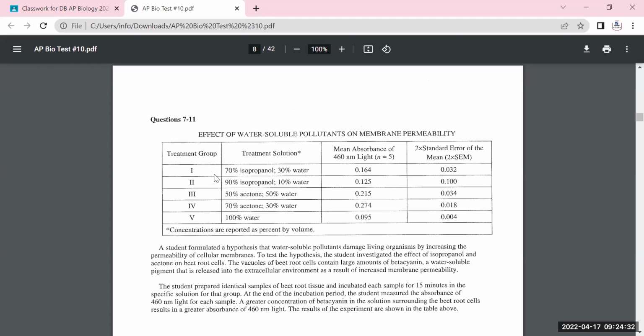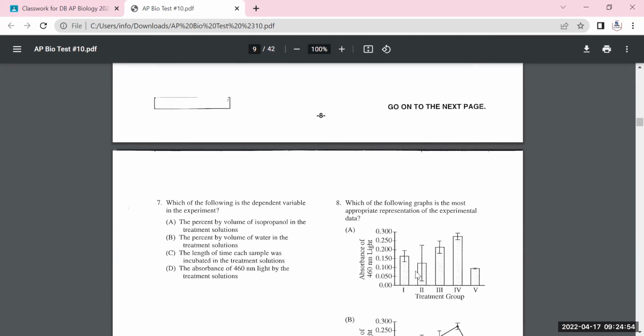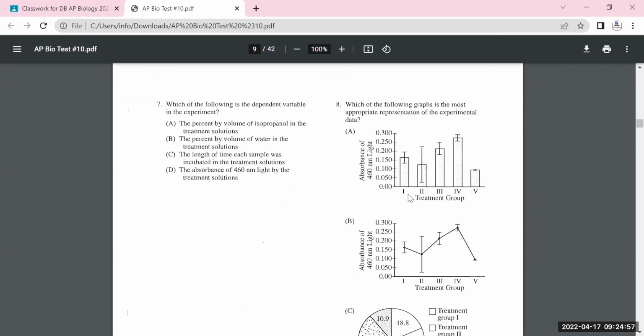A line graph would work if treatment groups 1, 2, 5 were connected somehow, or if it was some kind of progression, like 0 to 10 seconds, 10 to 100 seconds, something like that. But these are all separate groups with different treatments. So maybe A would be better, because treatment 1 and 2 are separate, 2 and 3 are separate. They're not connected. So for 8, I would say A.